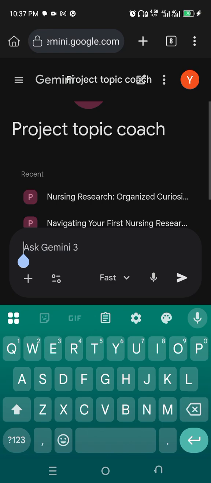Okay, so firstly, I would like to introduce you to this project topic coach, which is an AI tool that helps you understand research and also helps you generate a topic based on your interest and on what you actually want, not based on what you have copied somewhere else.